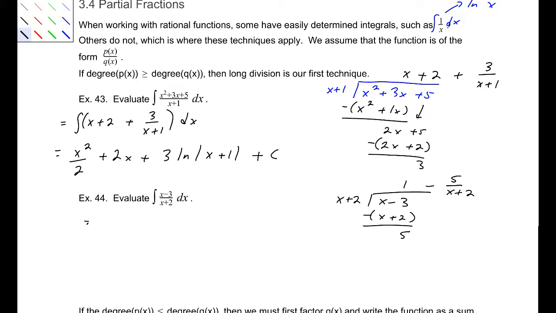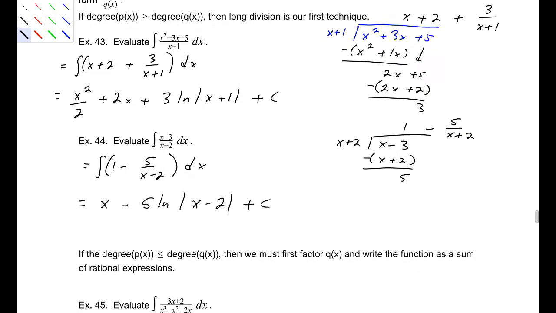Right, so this is the same as the integral of 1 minus 5 over x plus 2 dx. All right, and the integral there is x minus 5 natural log of the absolute value of x plus 2 plus c. Okay, so far nothing crazy. All we've done is long division.